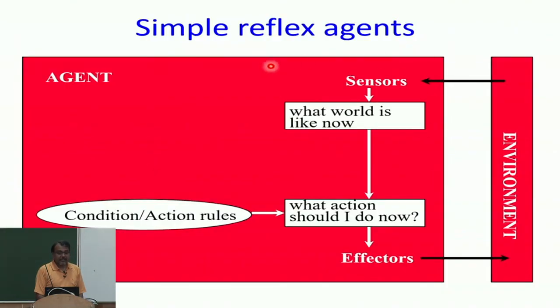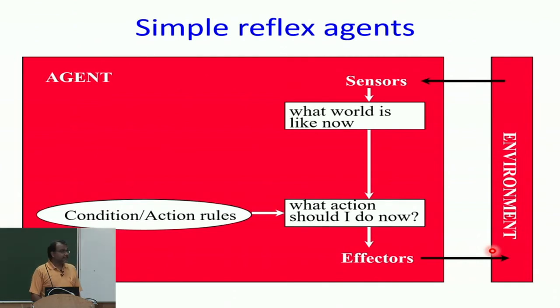Then there will be the environment, and sensors are going to give us information about the environment, and effectors or actuators are going to change the environment, and the agent is going to take in these sensors and output the actions. But how we model this brain tells us what algorithm we can use.